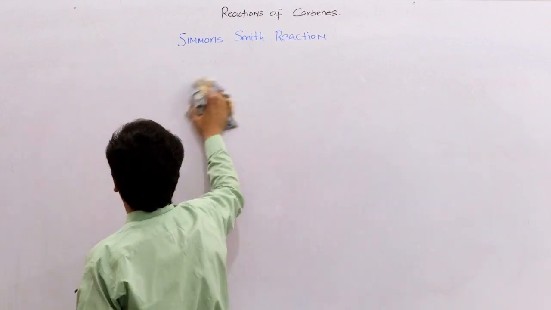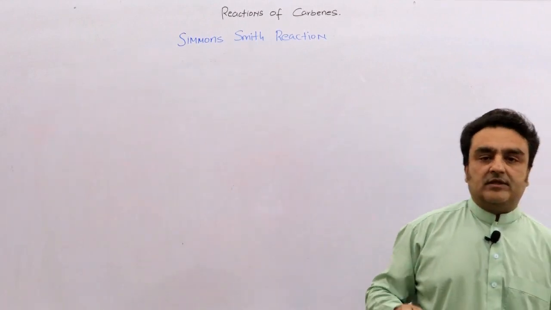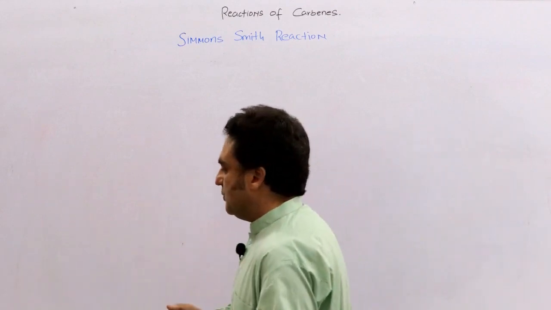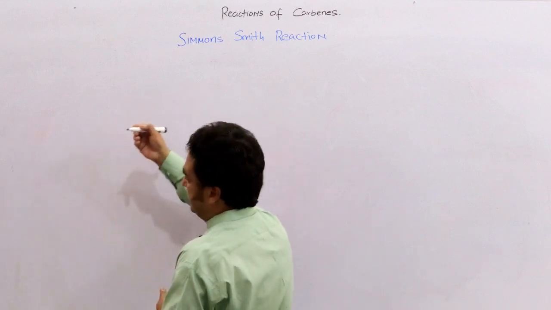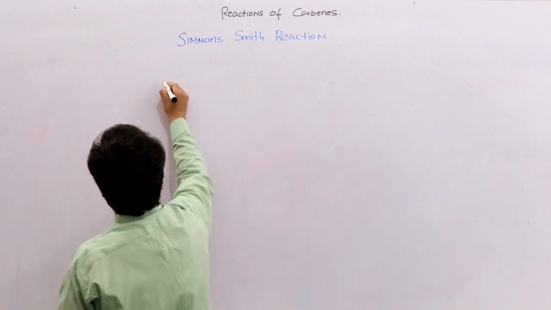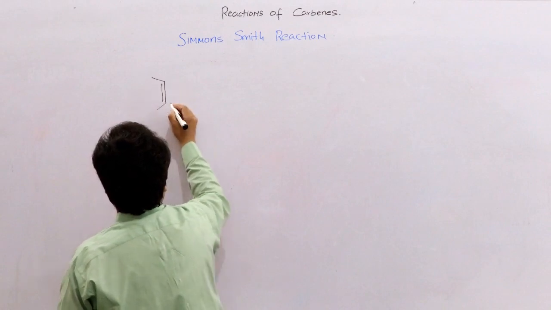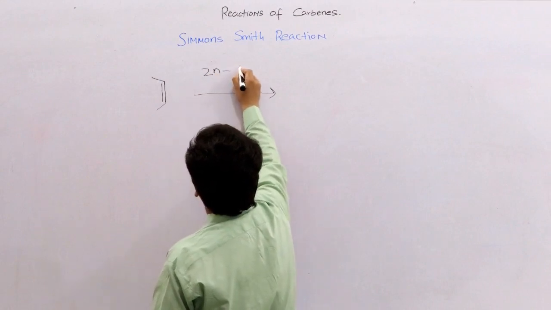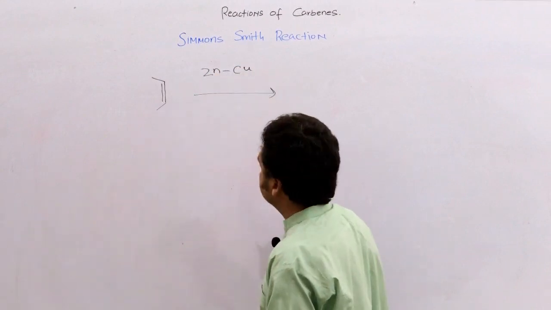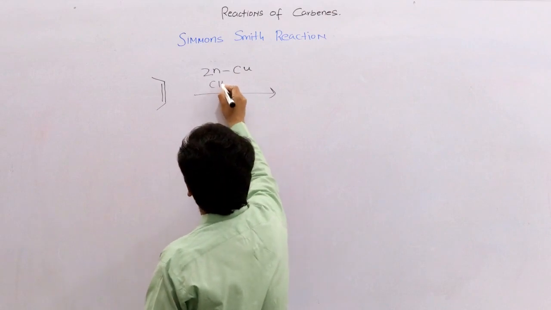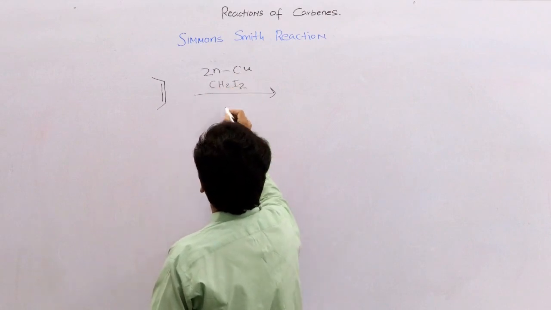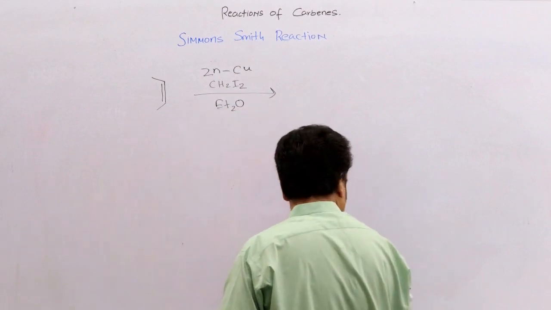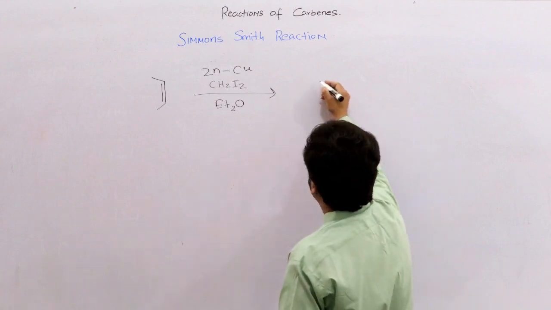It's again nothing but addition of a carbene across the double bond. In fact, it's not a carbene. You will see these are the reagents. Suppose we take a cis-alkene, and these are the Simmons-Smith reagents: zinc with copper powder, CH2I2 and Et2O, diethyl ether, and it will produce a product.